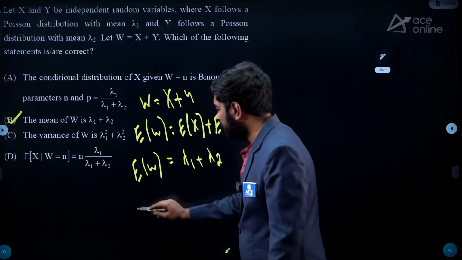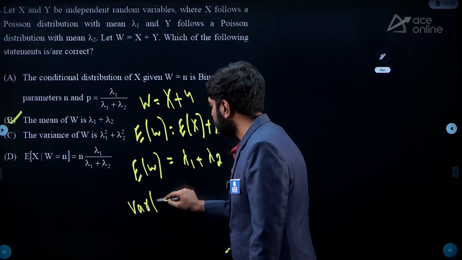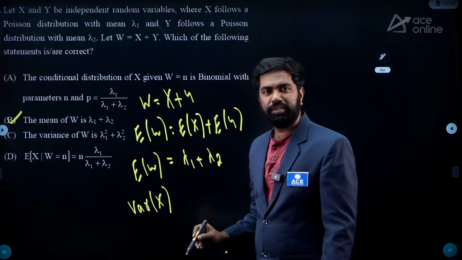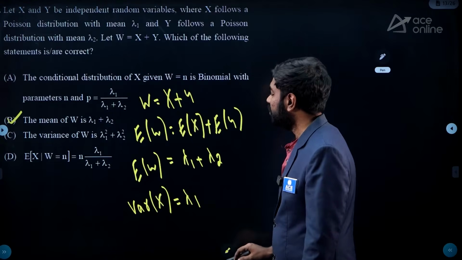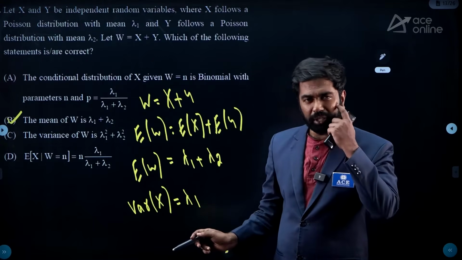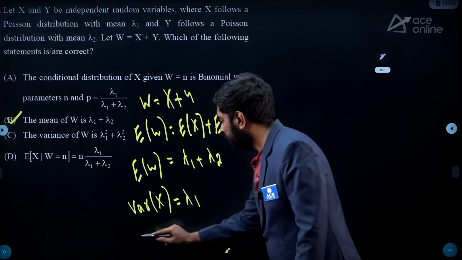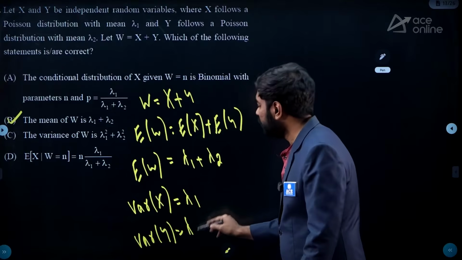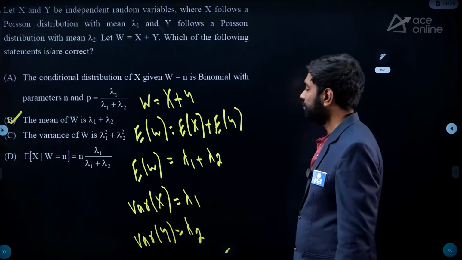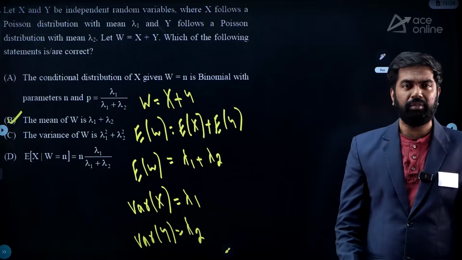For a Poisson random variable, students, do you know what its variance is? Its variance is the same as the mean. Hence the variance of x is lambda 1, and the variance of y is also equal to its mean, which is lambda 2. It is clearly given x and y are independent.